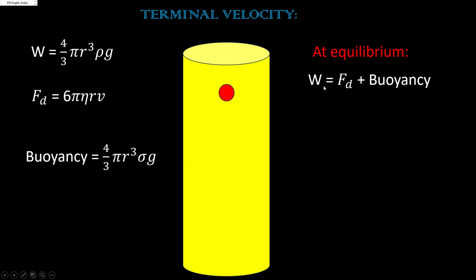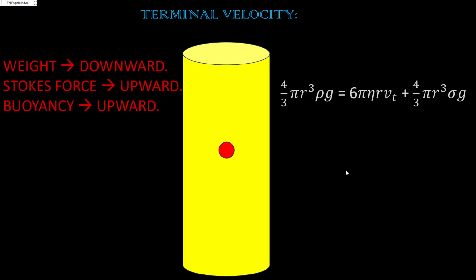At equilibrium, weight equals Stokes force plus buoyancy. Now, the direction of the forces: weight in the downward direction, and the other two forces, that is Stokes force and buoyancy, in the upward direction. And we get this equation: 4/3 pi r cube rho g equals 6 pi eta r vt plus 4/3 pi r cube sigma g.